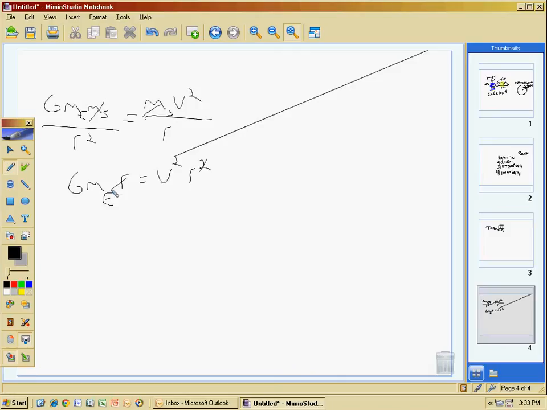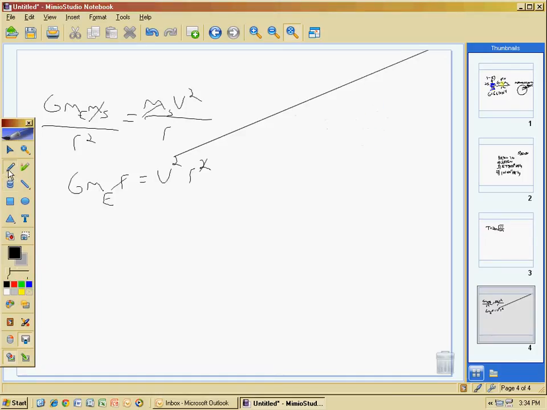Now, the thing is, it's asking for the period. Well, we also have another equation we can use. The period is equal to 2 pi r over v. Okay, just double checking I rearranged that equation correctly. It's normally v equals 2 pi r over T, but yeah, that should be fine.